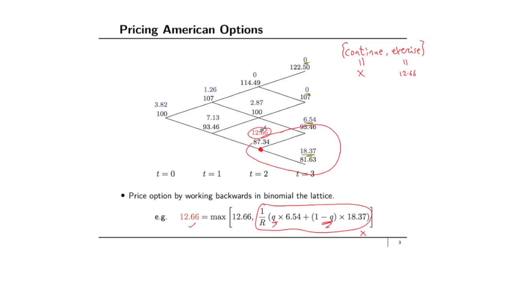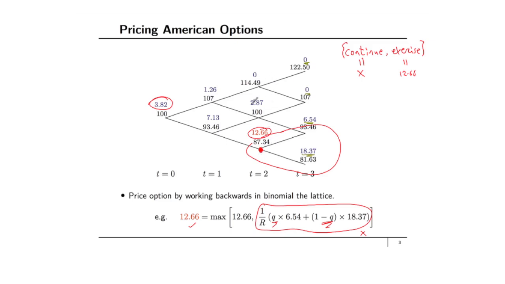We do the exact same thing at the other nodes, and as I said earlier, you can see these calculations in the spreadsheet that we've uploaded onto Coursera. Working backwards in each period, we find that the fair value of the American option is 3.82. Not only that, you will see that the only point at which it is optimal to exercise early is down here at this node.